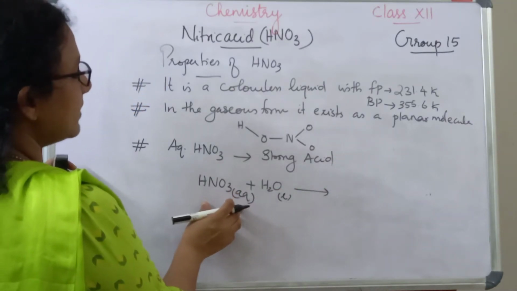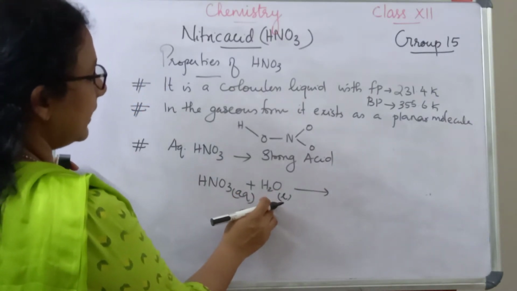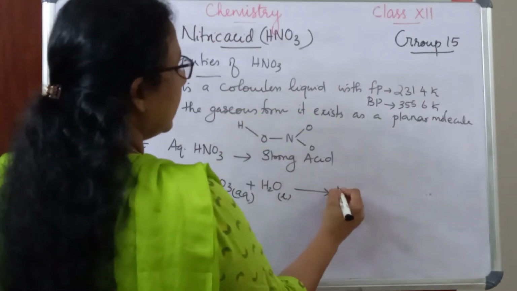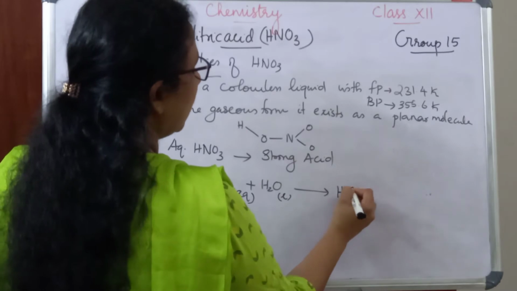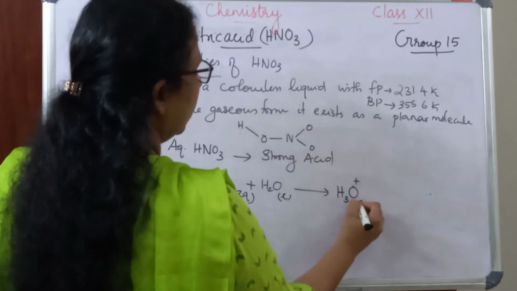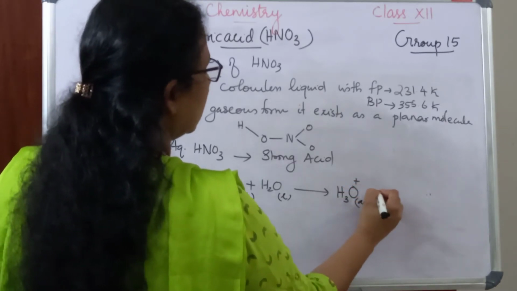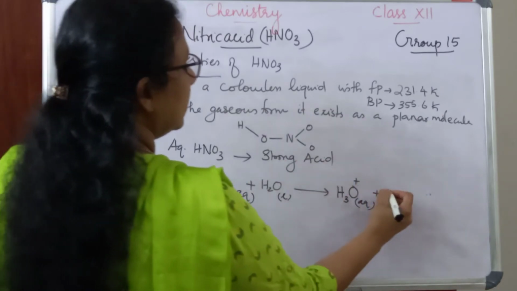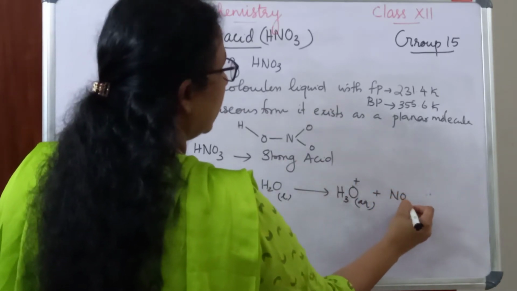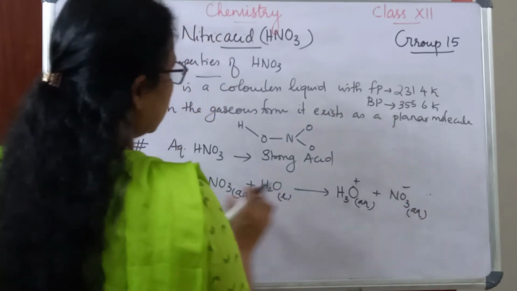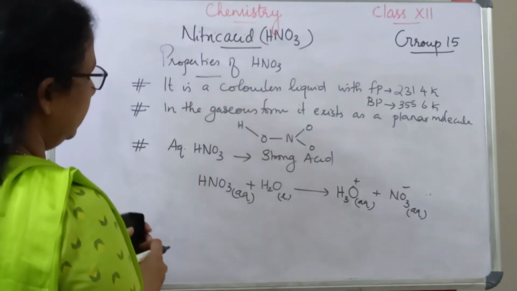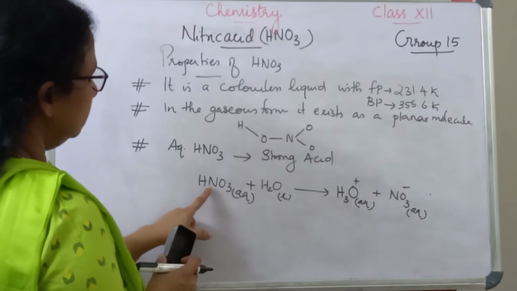We know that all acids in solution produce hydrogen ions, and that hydrogen ion exists in the form of H3O plus, hydronium ion. So H3O plus aqueous, and the next ion is NO3 minus aqueous. So this is the ionization actually. This is a strong acid.